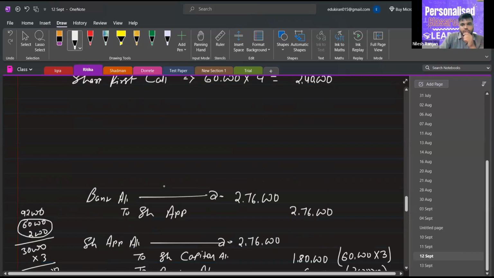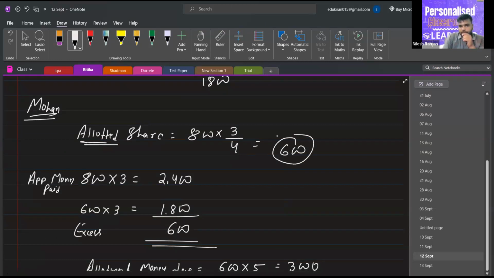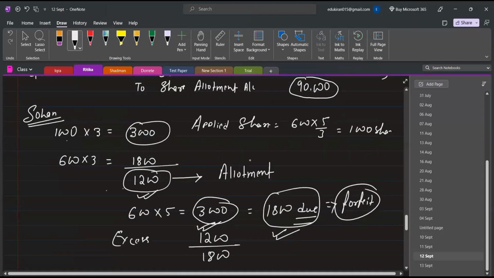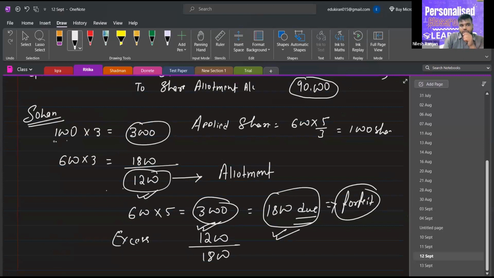To both Mohan and Sohan, we have given 600 shares. The allotted share to Mohan is 600. Applied share is 800. In case of Sohan, applied share is 1,000 and allotted share is 600. So allotted share in both cases is 600.